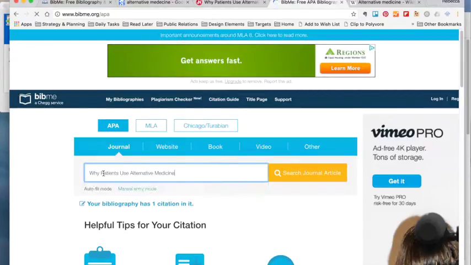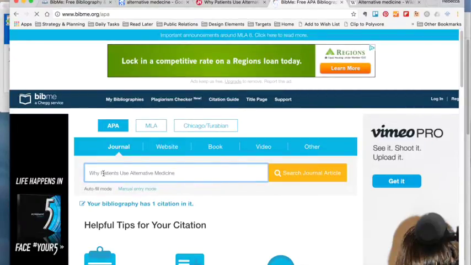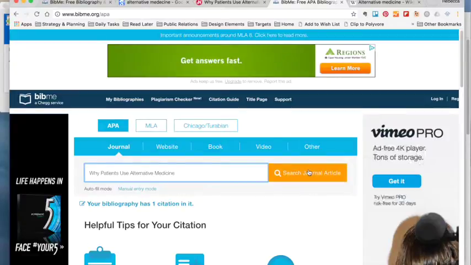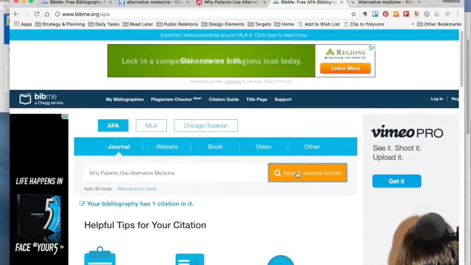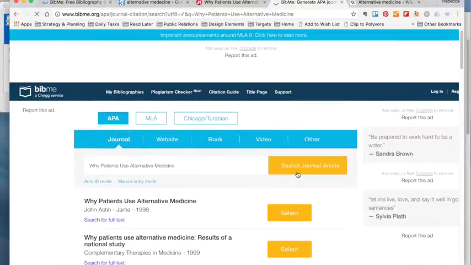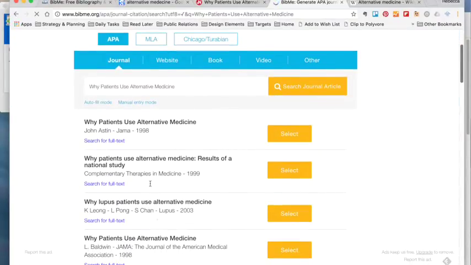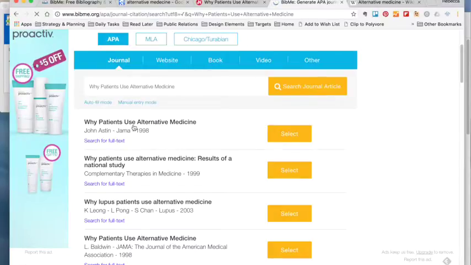In here, I'm going to put the title of my journal piece, my article, excuse me, and I'm going to hit search journal article. And right here it found it. So that's good. It has a lot of different ones, but this is the one that we found. So this is the one that we want. So I'm going to choose select.